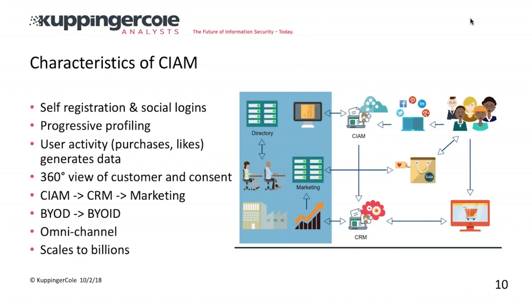This provides a more well-rounded view of customer preferences, as well as being able to collect their consent. In this sense, consumer identity feeds CRM systems and even marketing automation systems with more accurate information.